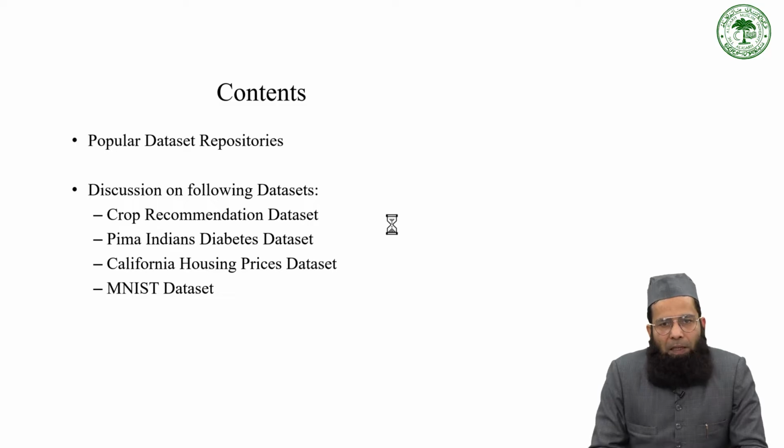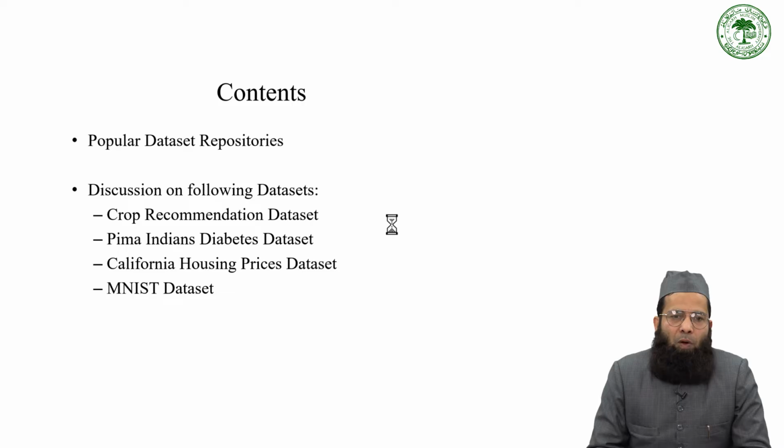In the current lecture, I will discuss popular dataset repositories. There are certain available repositories that we can utilize to read a dataset for different types of problems. We will also discuss the following datasets: crop recommendation dataset, Pima Indian diabetes dataset, California housing prices dataset, and MNIST dataset.